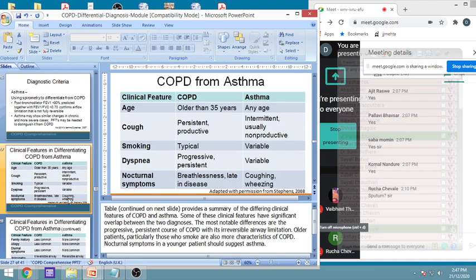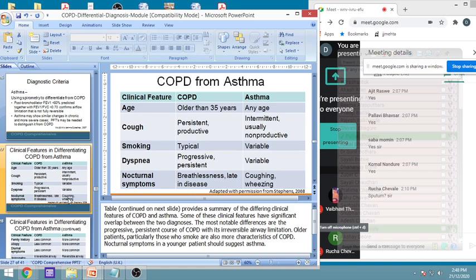Smoking is an important risk factor which causes typical COPD. In asthma we cannot say, though it may have an impact. Dyspnea in COPD is progressive and persistent; it continues and does not come down. But in asthma it can be variable.